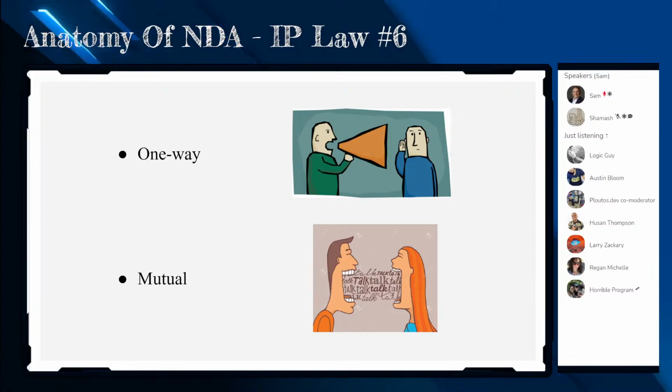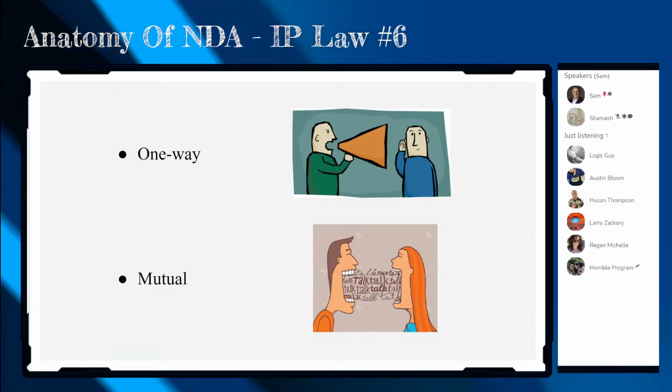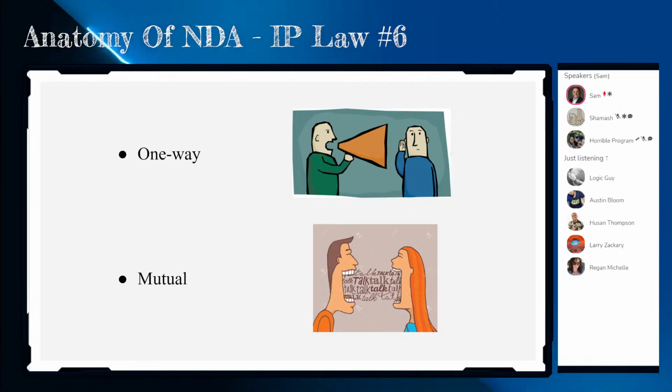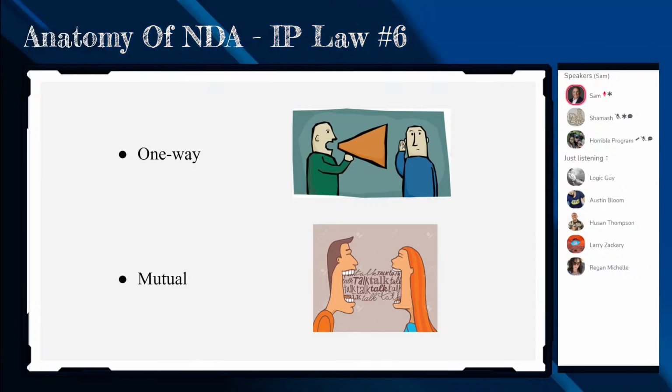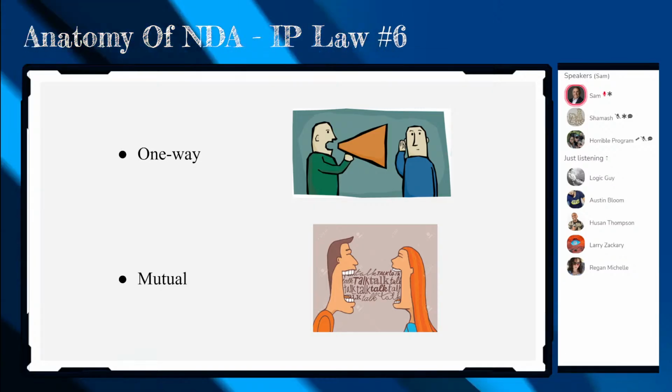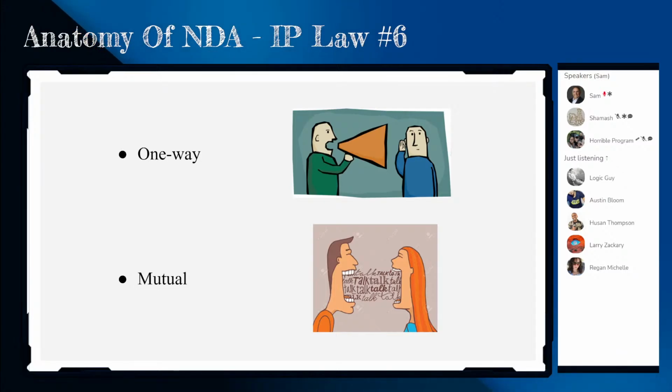But that way, they also tell you that they're not disclosing any confidential information to you. But a mutual non-disclosure agreement usually happens when companies are actually going through the deal, because now in the deal, we need to exchange information. Both parties need to exchange information.